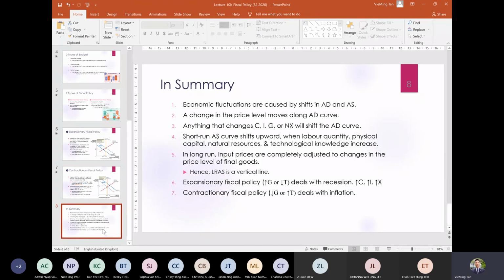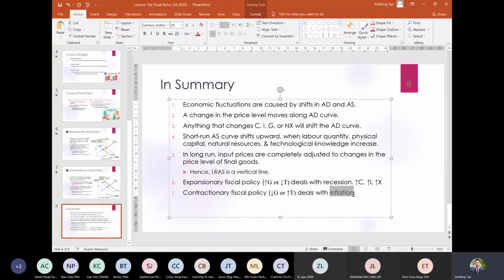Okay, on the other hand, when the economy is having very serious inflation, a high inflation rate, that means the price level of the products is relatively higher. If the price level is too high, it's also not good. Too high means the poor people may not be able to survive because the living cost is too high.